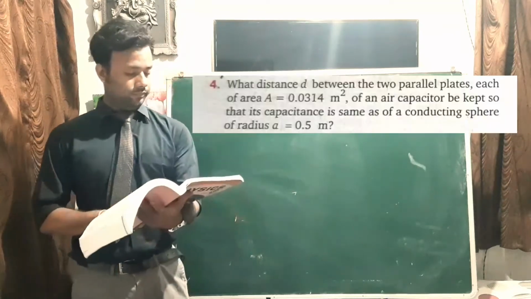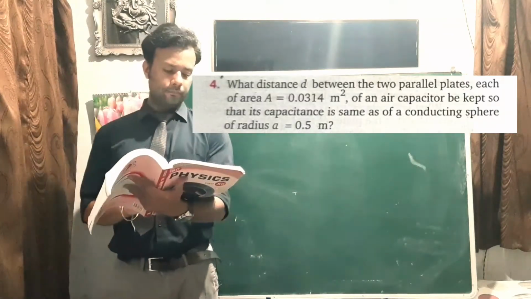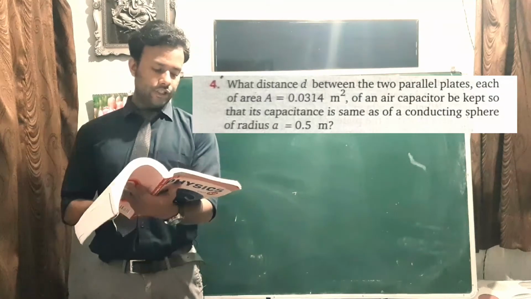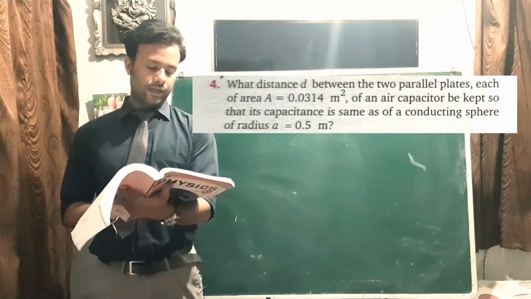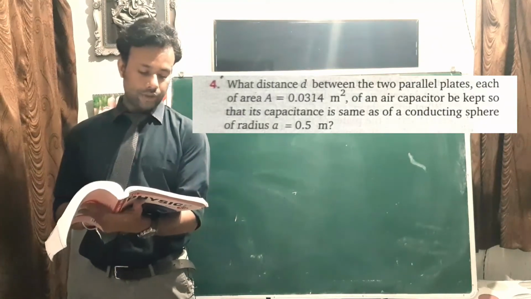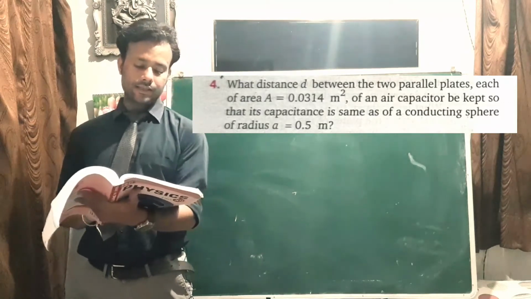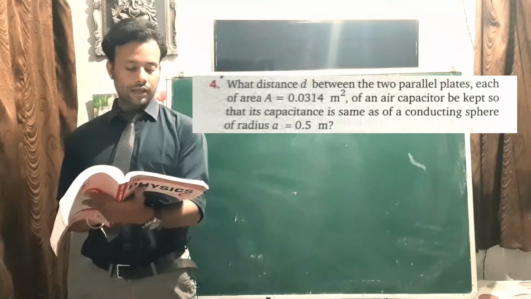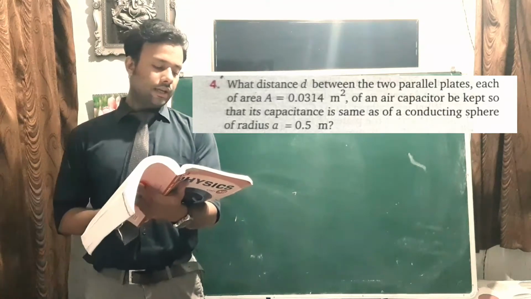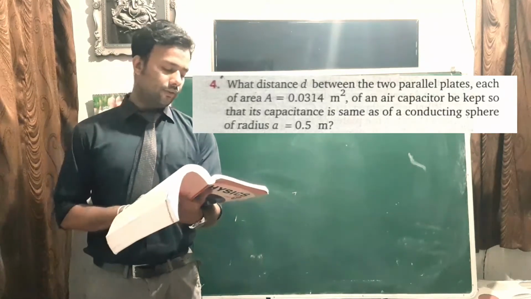What does it say? What distance d between two parallel plates, each of area A, of an air capacitor is to be kept so that its capacitance is the same as that of a conducting sphere of radius a equals 0.5 meter?